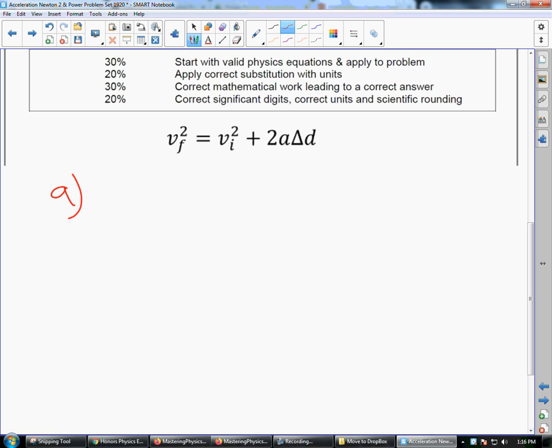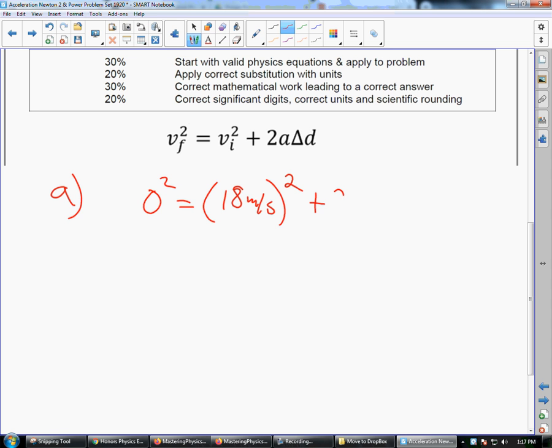So I know my final velocity, that's 0. My initial velocity for this one is positive 18 meters per second. I square that. That will be the most common mistake mathematically, to forget the square term. Most people will know what 0 squared is. 0. Yeah.